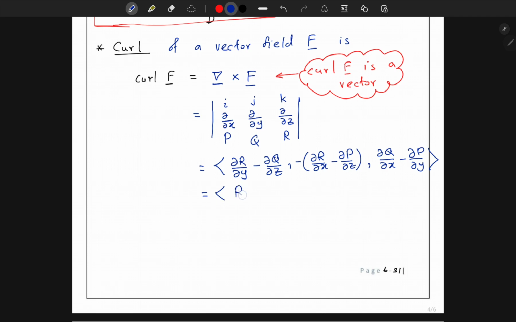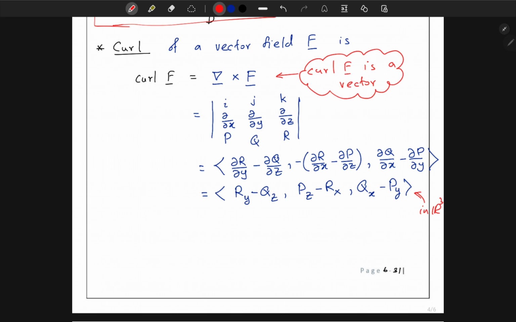In much simpler notation, R_y minus Q_z. Then you can distribute the negative sign, P_z minus R_x, Q_x minus P_y. Now this is the definition of curl in 3 dimensions, so in R3.